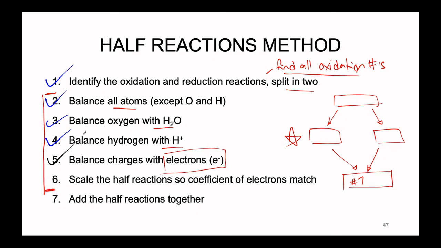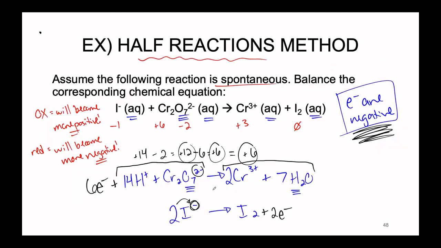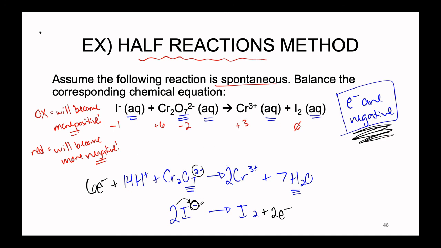And now our second to last step, we have to scale the half reactions. We're going to scale the coefficients such that the electrons match. Now, the reason why this step is necessary, the reason why it's useful, and I'm just going to talk as I erase things to make more space again. The reason why it's useful or necessary is because the electrons that are being generated in the oxidation half step have to be used up in the reduction half step.